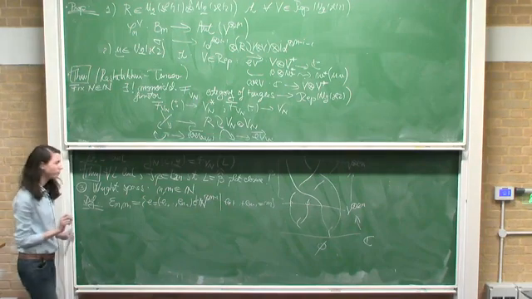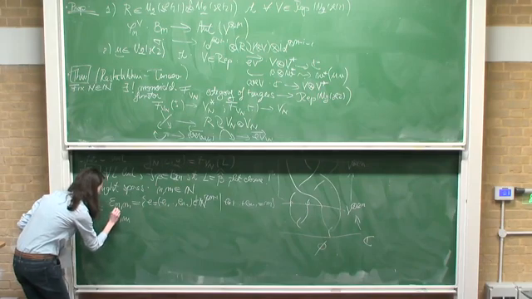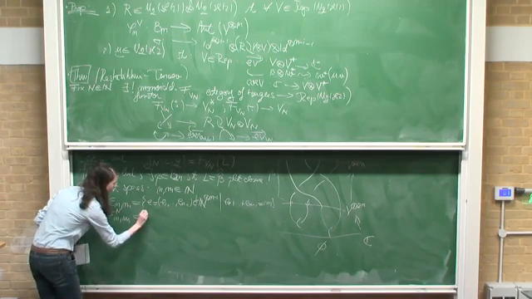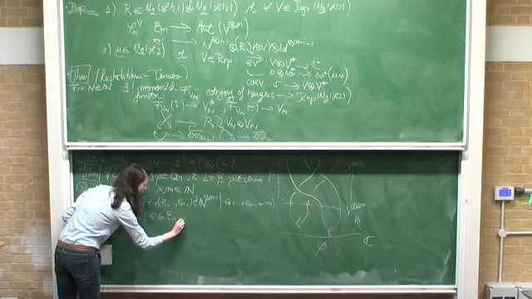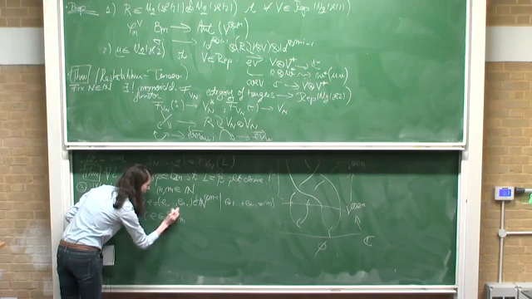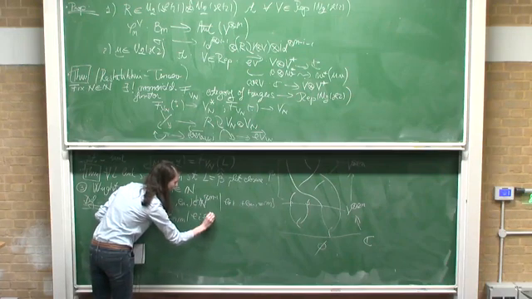And E n m will be the same thing but with an extra condition that all the components are less than n minus 1.